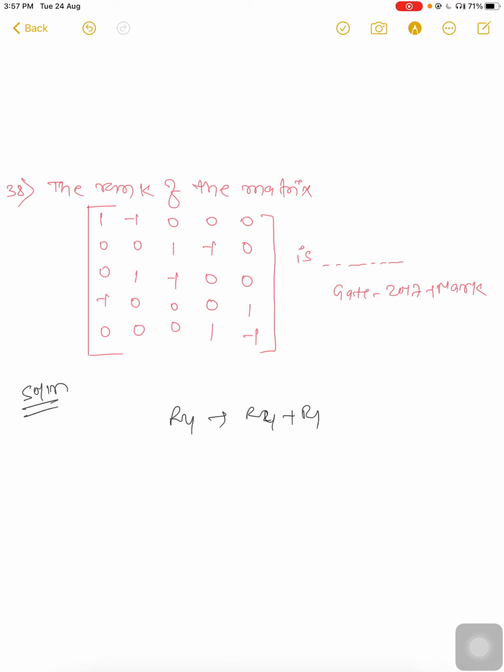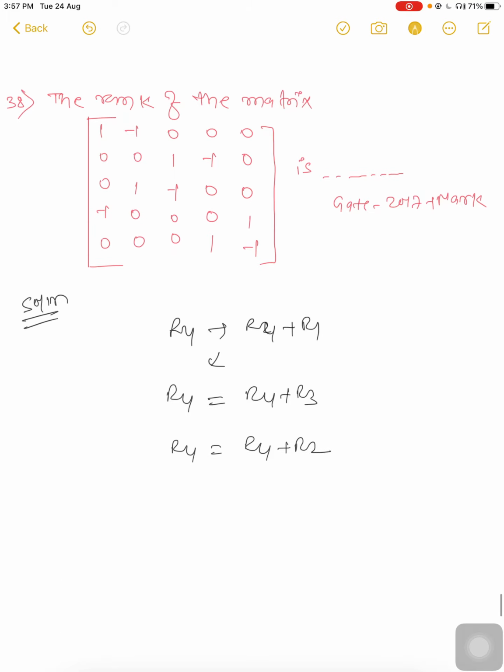I am giving the hints. First, make R4 equal to R4 plus R1. After that, once again, R4 plus R3. Again, make R4 equal to R4 plus R2.